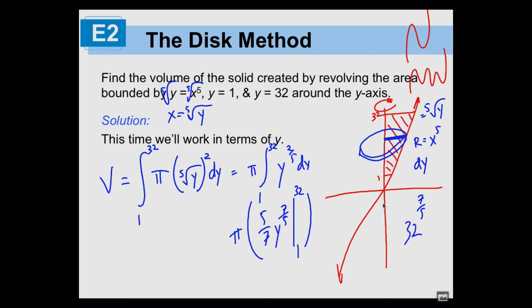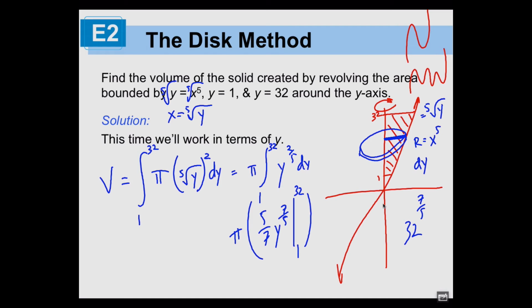But you do get some ugly fractions. I would deal with this mess in the parentheses before you multiply anything by pi. Don't start distributing the pi out, just leave it and then put it on the back end. Okay. More importantly, do you understand the setup here? Look at my diagram, see how I did that. Highlighted the area, drew the axis of revolution.